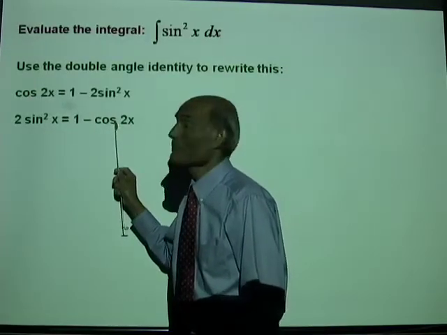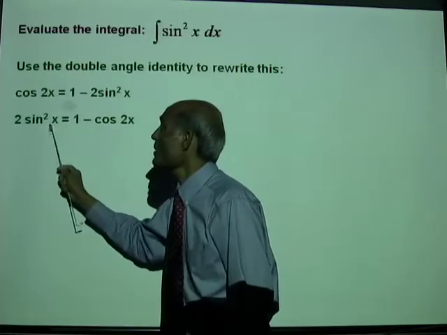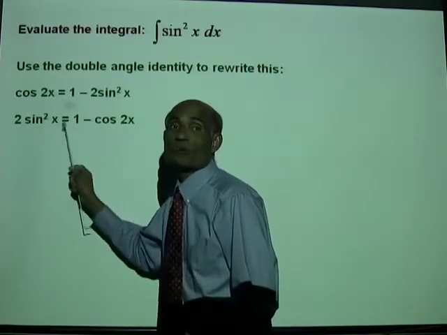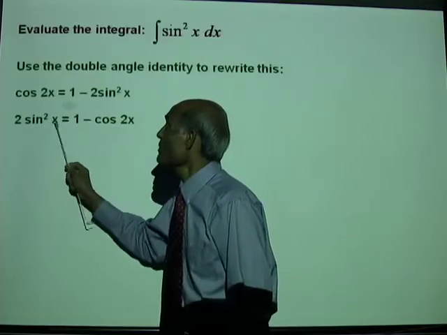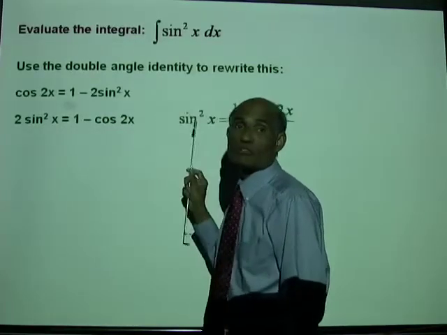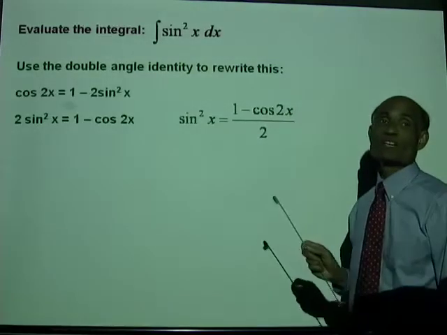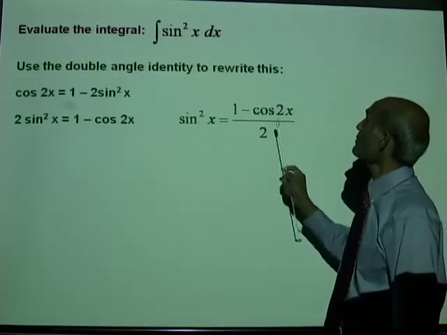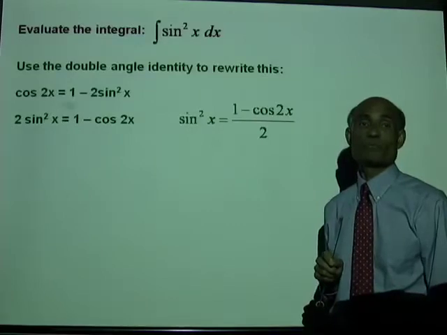No problem there? And therefore, what is sine squared x? Divide both sides by 2. You get sine squared x is 1 minus cos 2x all divided by 2.